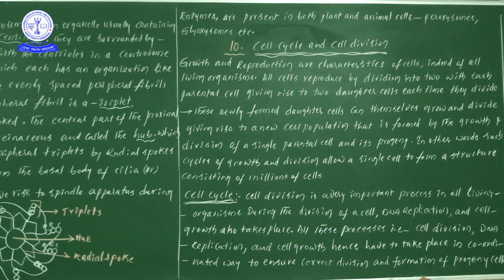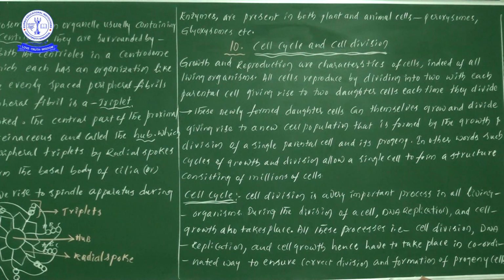In this introduction class of cell cycle and cell division, the main important points we have discussed are, first, the characteristics of a cell. One particular cell has two important characteristics: first is growth, and then reproduction. All cells reproduce by dividing themselves, through the cell cycle and cell division.